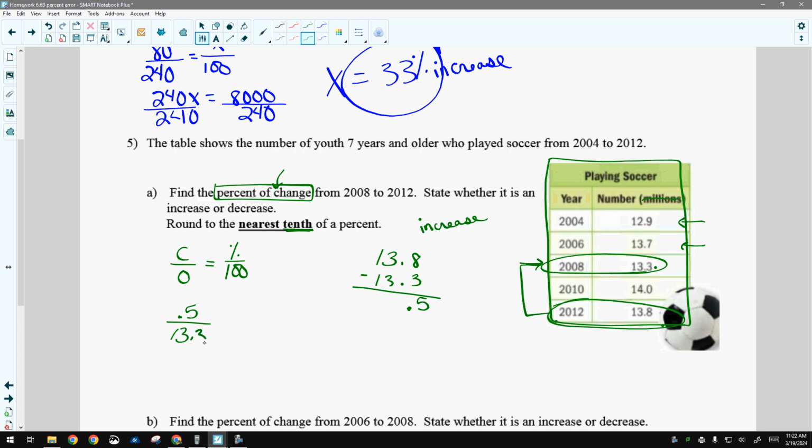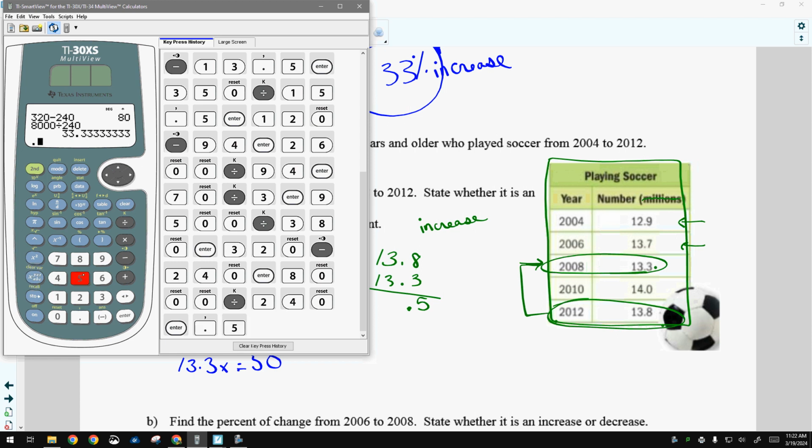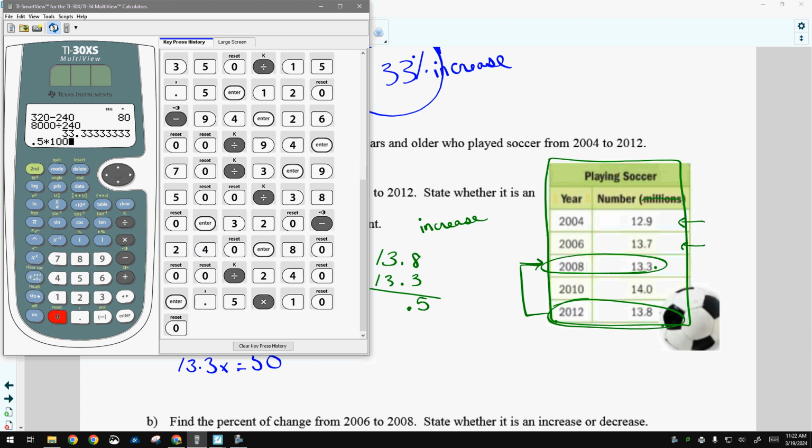So this is 13.3 equals x over 100. We're going to cross multiply. So 13.3x equals 0.5 times 100 is 50. Okay? 0.5 times 100, if you don't believe me, is 50.